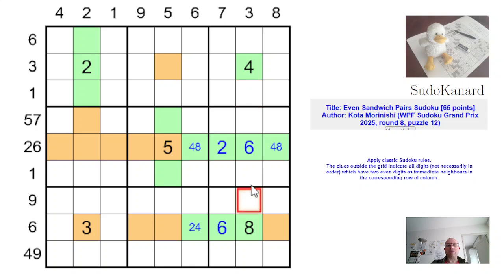Likewise, 3 here would put the 2 there, so 3 will be somewhere here, with the 2 either here or there, which means that this is odd and this is odd. So I will just pencil mark the fact that 2 is in one of 2 places in this column.